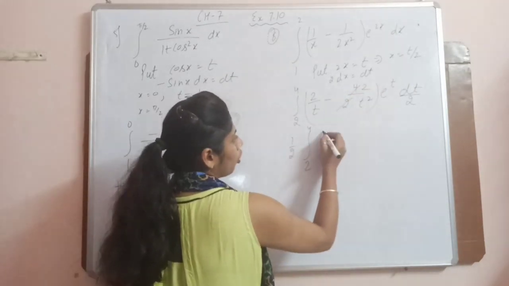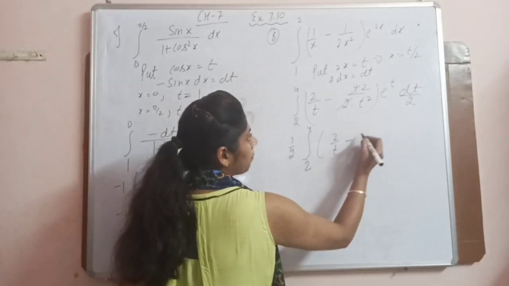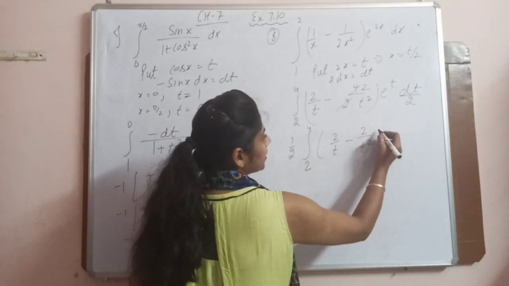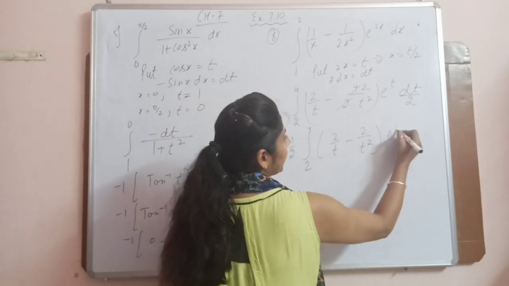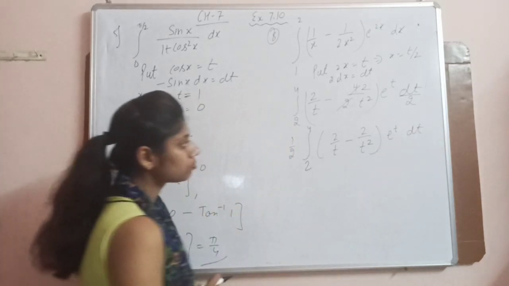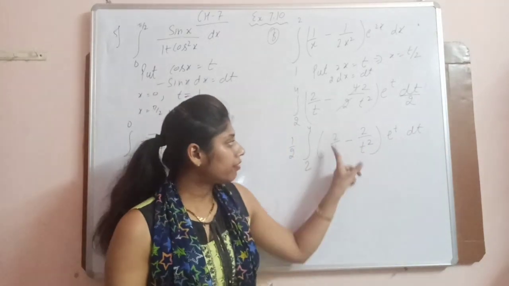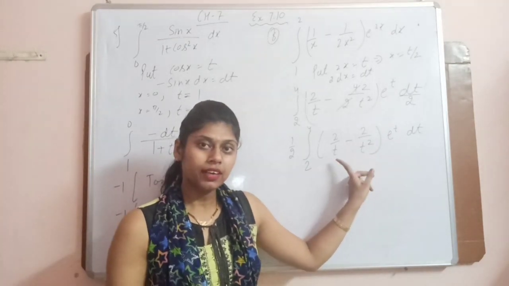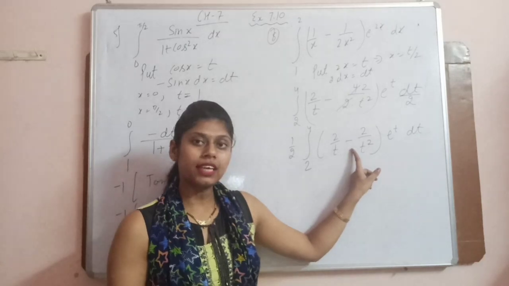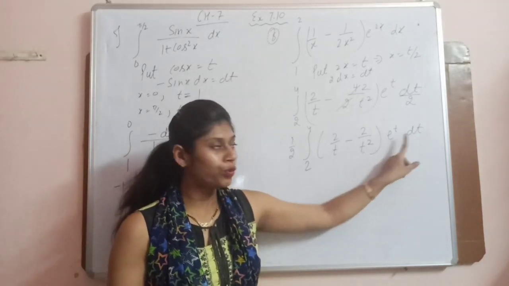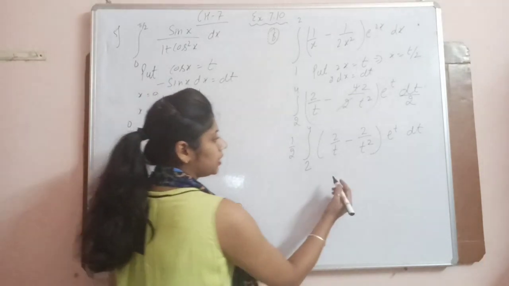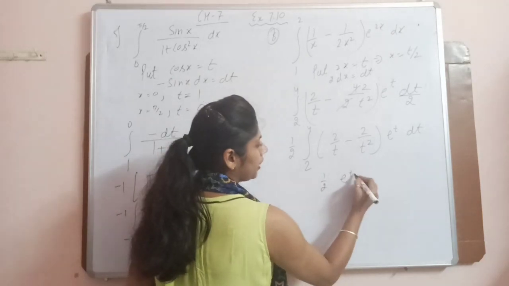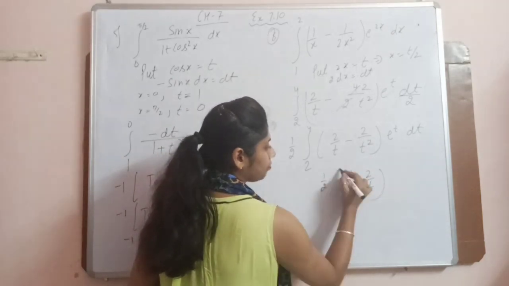Integration 2 to 4, (2 by t minus 2 by t square) e to the t dt. The derivative of 2 upon t is minus 2 upon t square, so f of t plus f dash of t, into e to the t. So its integration is e to the t into f of t.